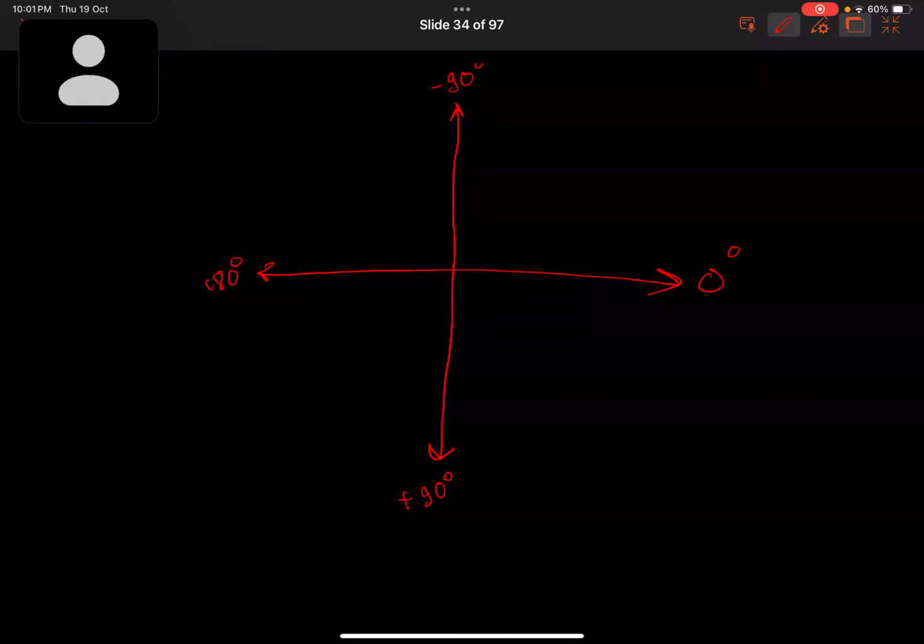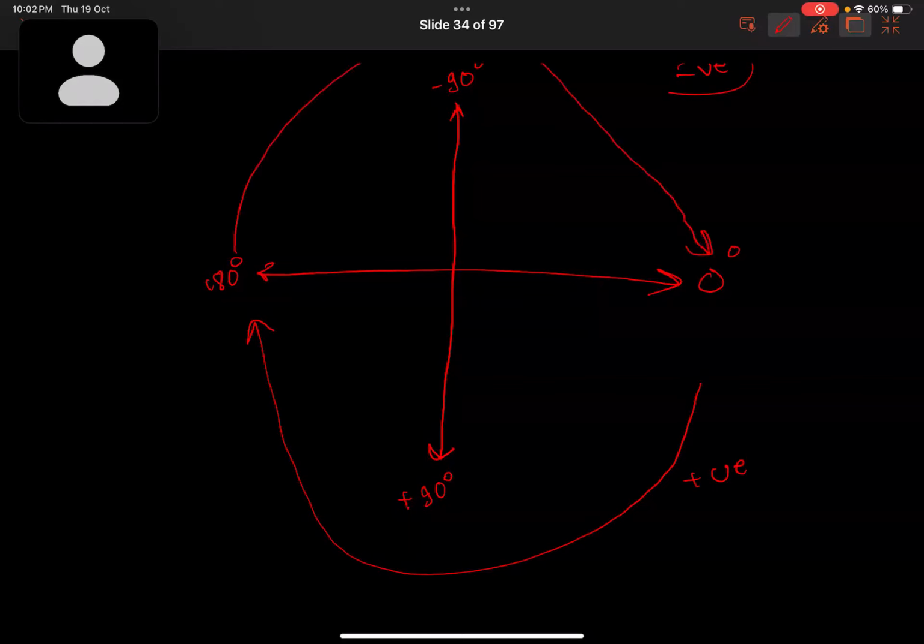The upper side is negative and the lower side is positive. So anything between 0 to 180 is positive, and anything between 180 and 0 is negative. Okay?